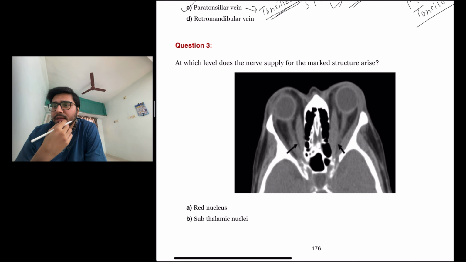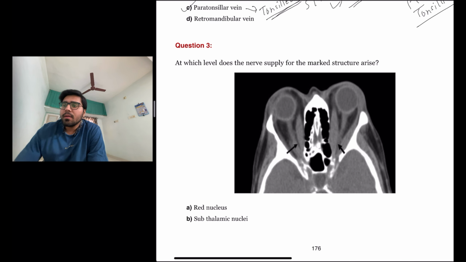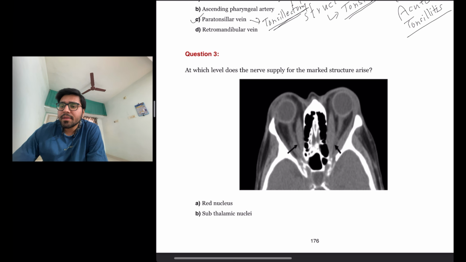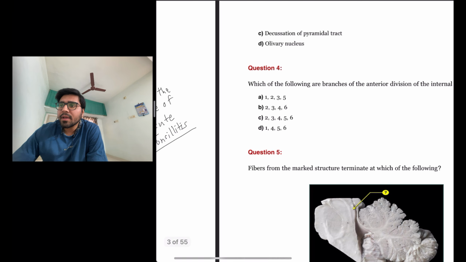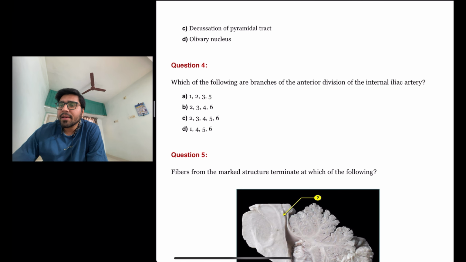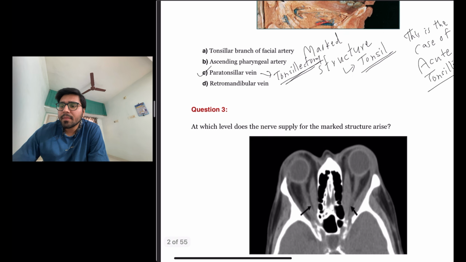At which level does the nerve supply for the marked structure arise? The options are red nucleus, subthalamic nuclei, decussation of the pyramidal tract, and olivary nucleus.